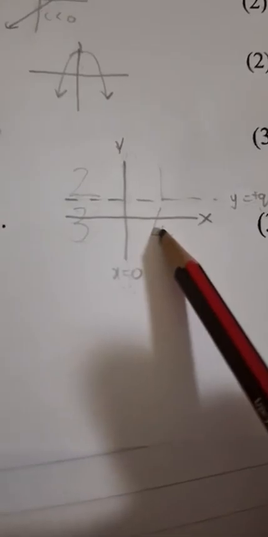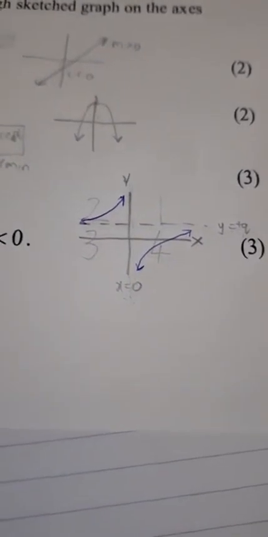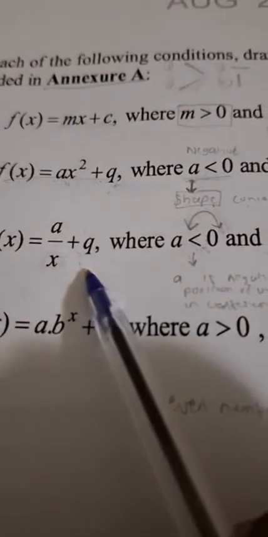So if you remember, I asked, if a is less than 0 for this function, what does it mean? The answer came that a, first and foremost, is negative, which means the hyperbola is found in the second and the fourth quadrant. You can expect to find the function in the second and the fourth quadrant.